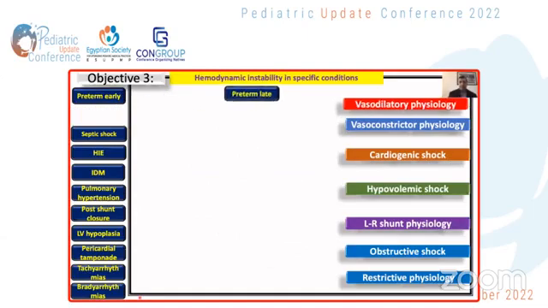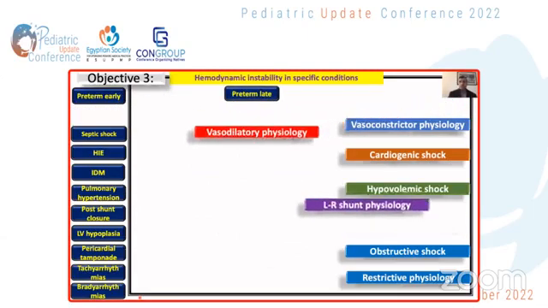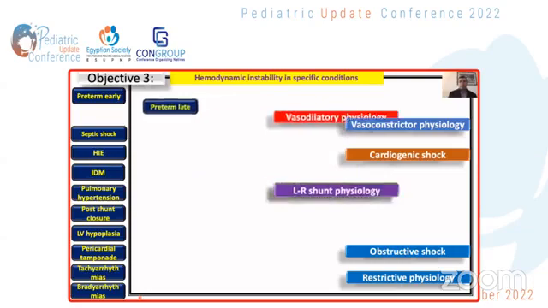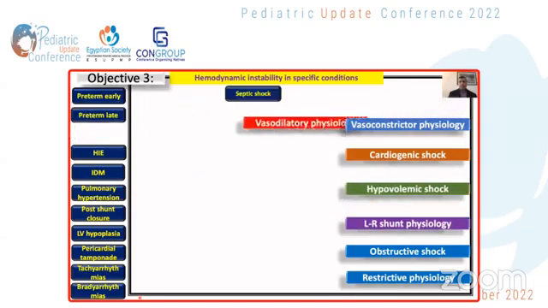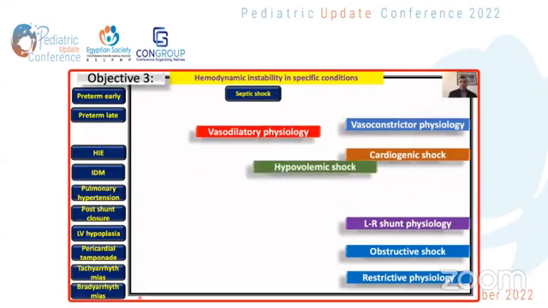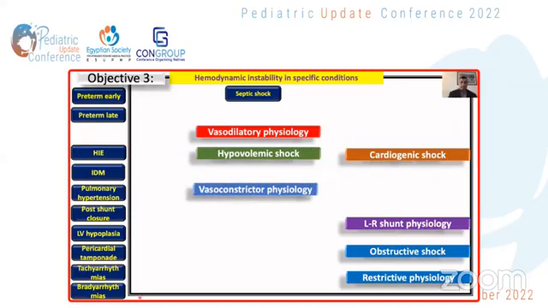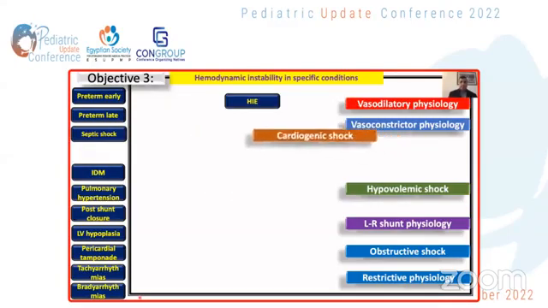Late in premature infants, beyond the postnatal transition, vasodilatory physiology might be the most common, with left-right shunt physiology and hypovolemic physiology as well. In septic shock, vasodilatory physiology is the most common. Hypovolemia due to third space losses, and vasoconstrictor physiology, although it is more common in older ages or pediatric septic shock.